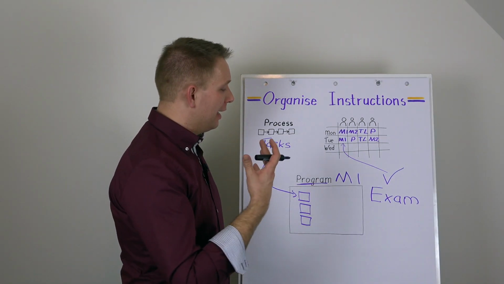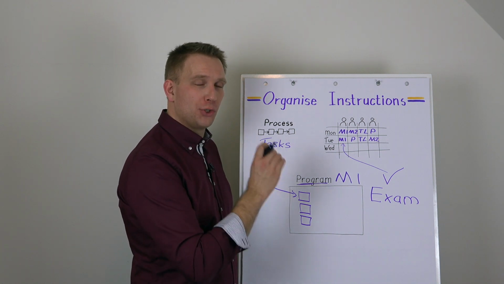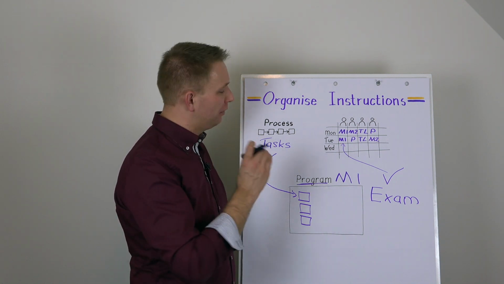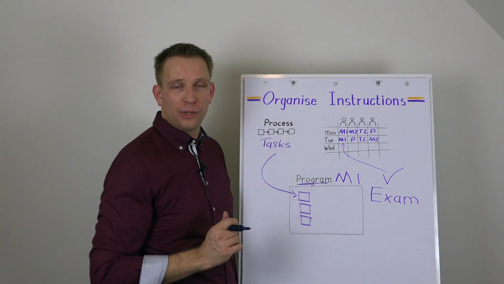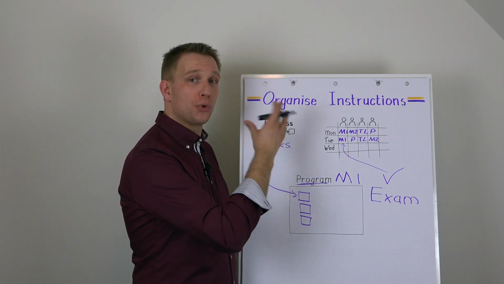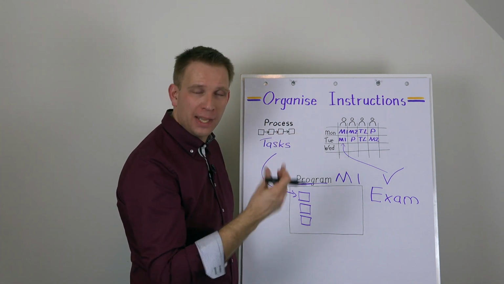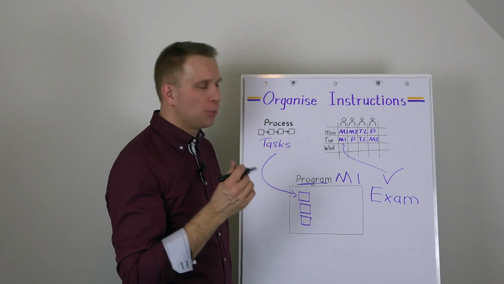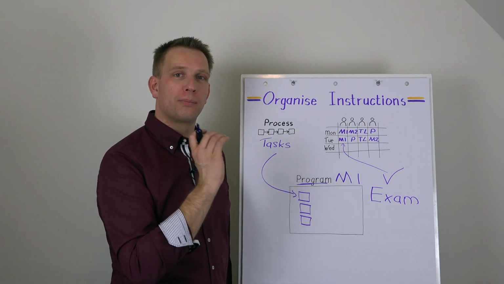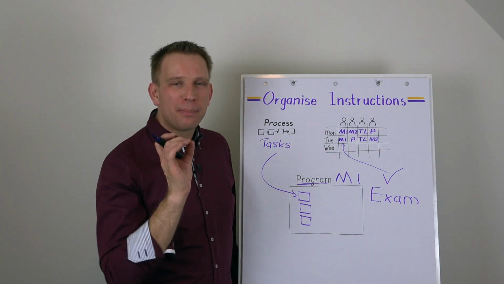So you have a list of tasks that a person should be competently able to perform within each of your processes. With a whole number of those processes or tasks, you would like to add an instruction. But at the very least, what you want to have for each of those processes is a sort of an exam type of question.